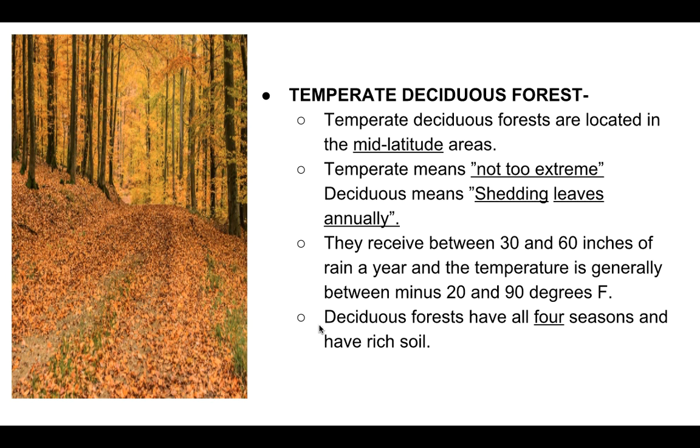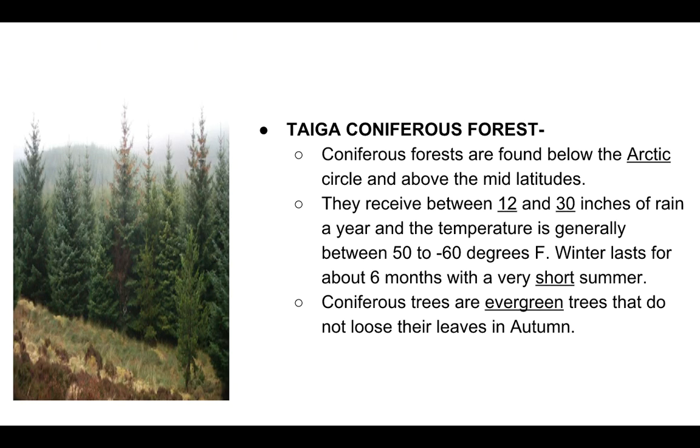Deciduous forests have all 4 seasons and have rich soil. So winter, spring, summer, fall. We'll talk about that when we get to the universe. But winter, spring, summer, and fall, the 4 seasons. Not all biomes have those distinct different seasons.